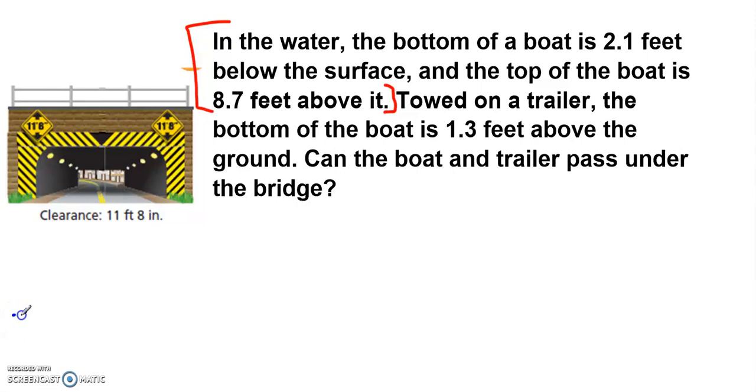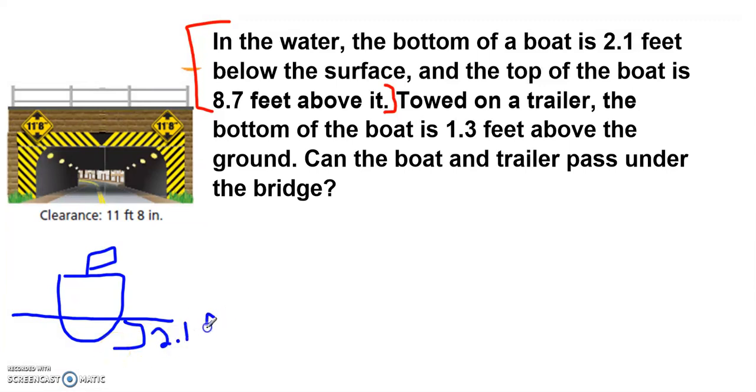So I'm going to draw, but this is going to be really, really bad. So here's the water, and here's our boat. Imagine that's a boat. It's a really bad looking boat, but just imagine. Okay, so right here they say it's 2.1 feet underneath the water, and here is 8.7 feet.